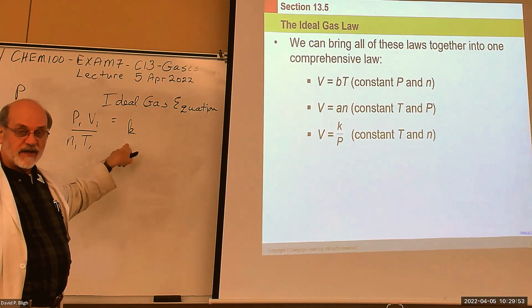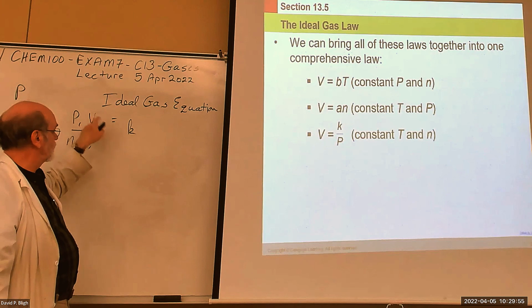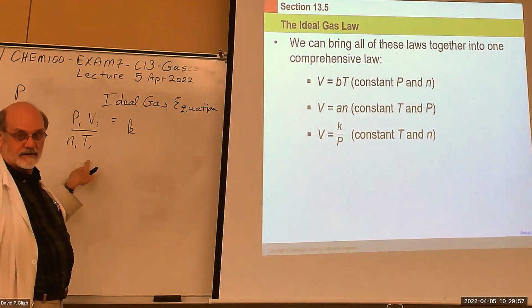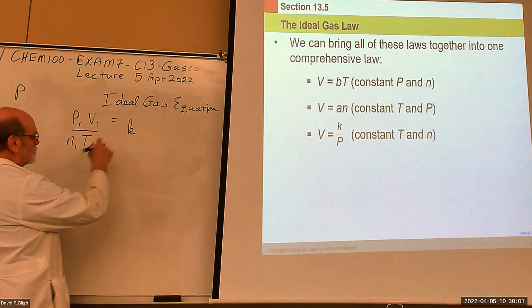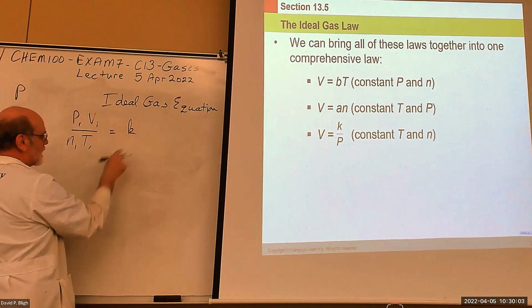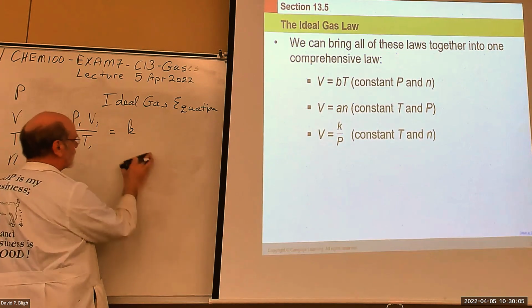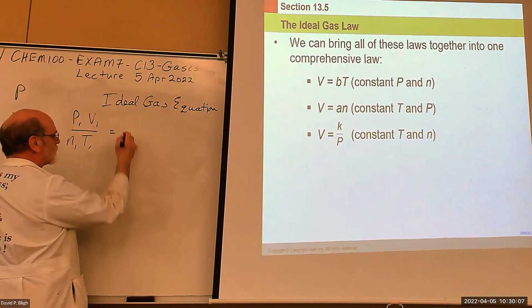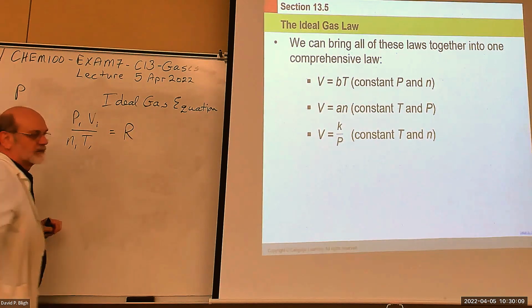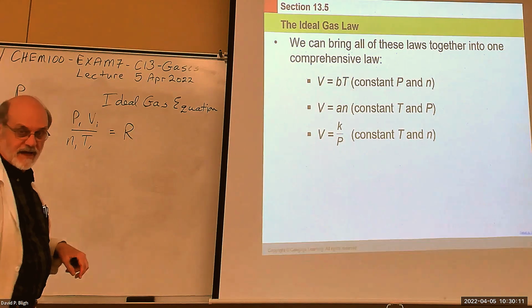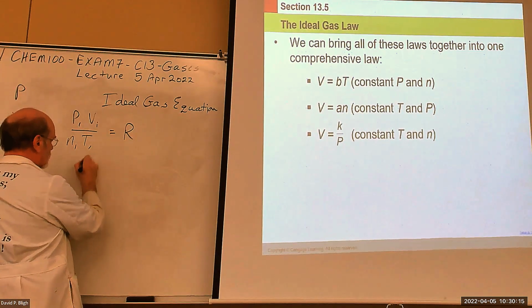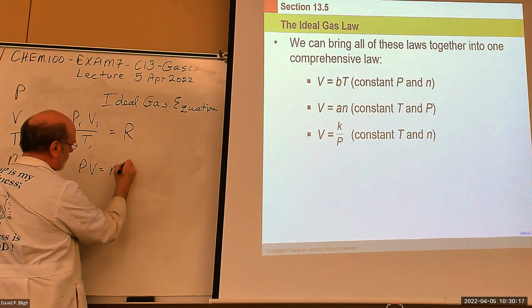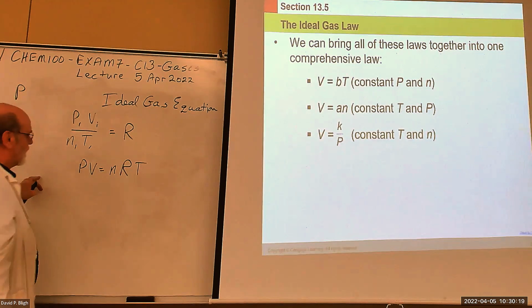Well, that value depends upon the units of this one, that one, that one, that one. Okay? If we know what this one is, we give it a special symbol, R. And we rearrange it so that it's there.